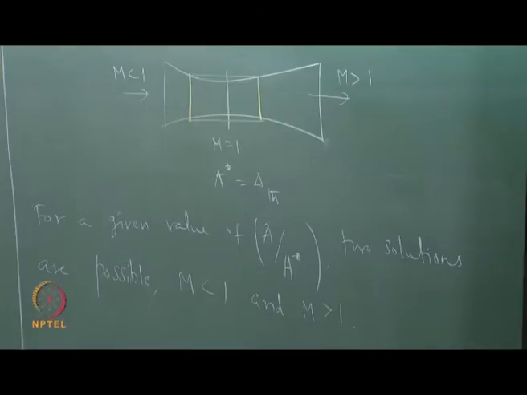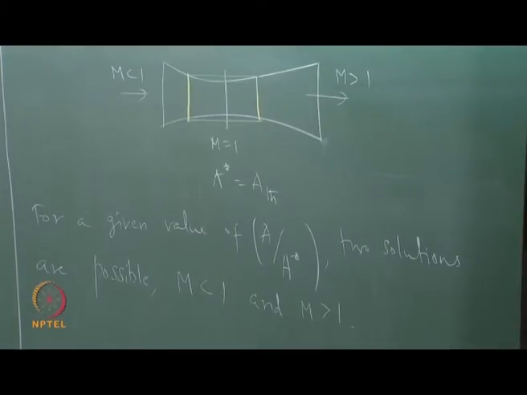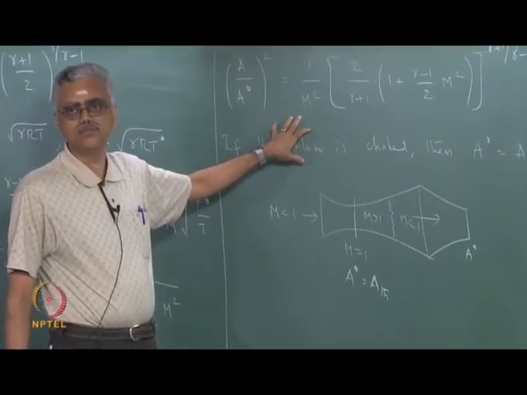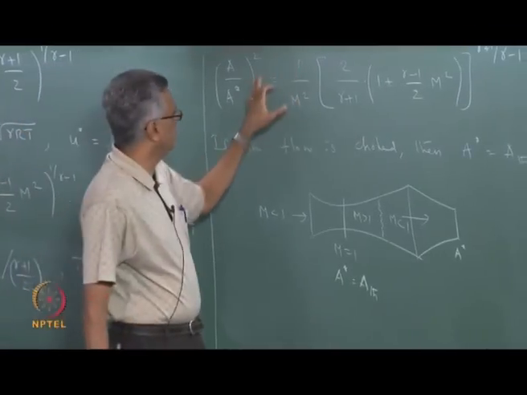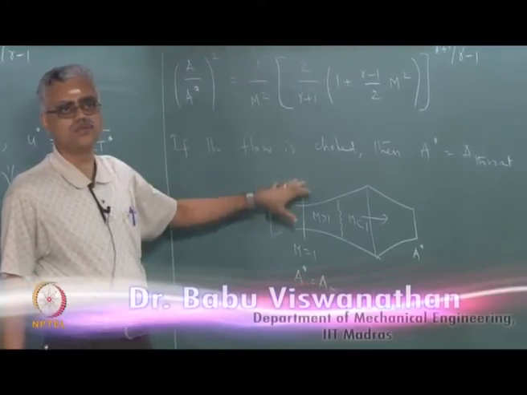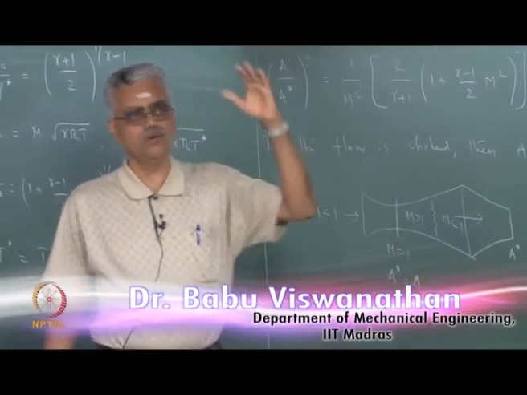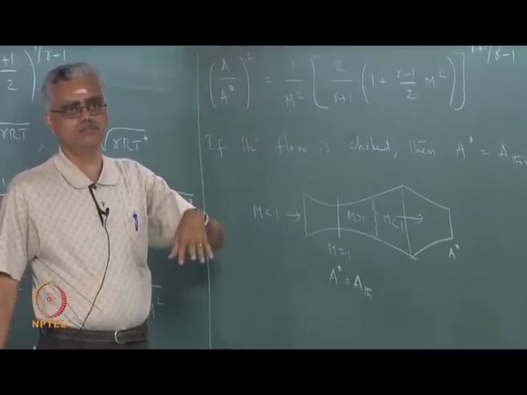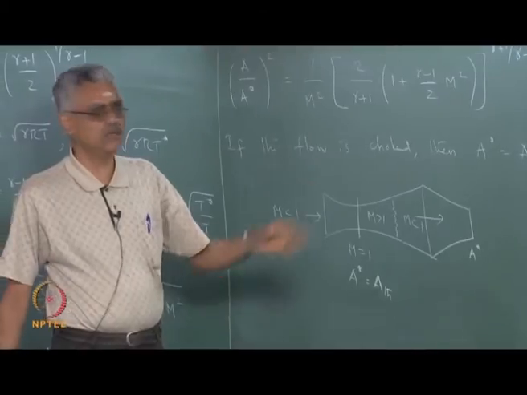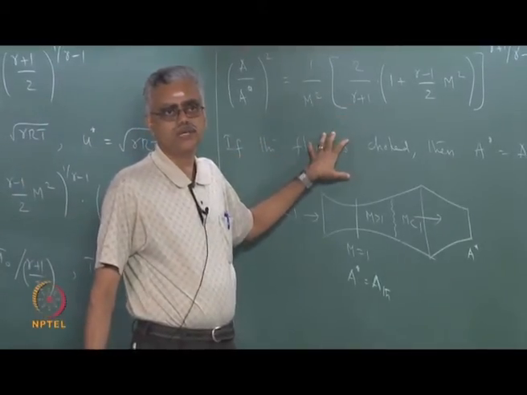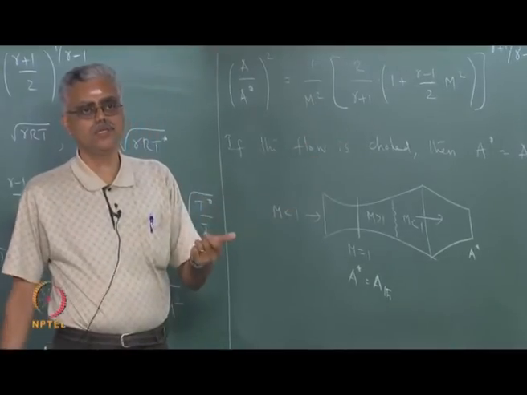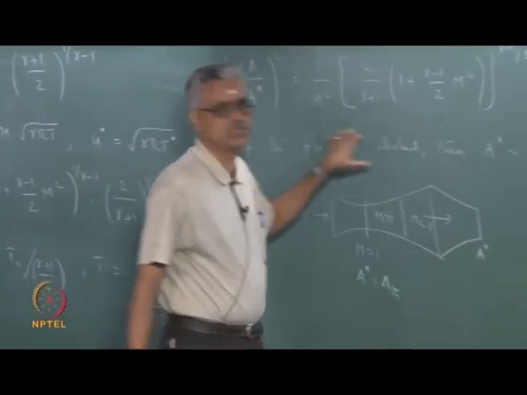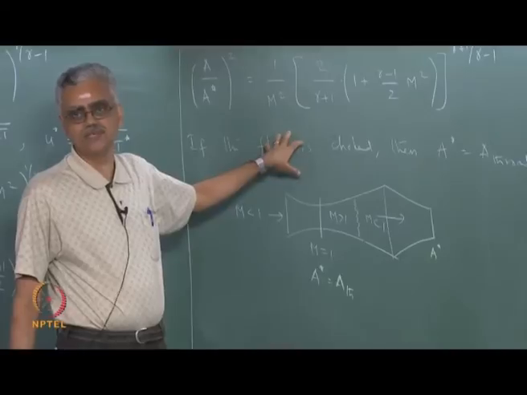Once again, we do not try to solve this equation for different values of M. We use the same strategy as what we did earlier. We tabulate this function for different values of M. So, I take M equal to 0.1, 0.2, 0.3 all the way up to, let us say, M equal to 5, and I substitute the value here and calculate A by A star. So, I make a table. Whenever I have a given value of A by A star, I go into the table and figure out my M, depending upon whether I am looking for the subsonic solution or the supersonic solution. So, this function is tabulated and we will use this table to do our calculations rather than solving this equation every time.